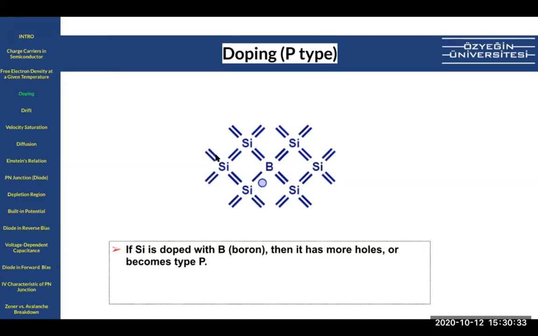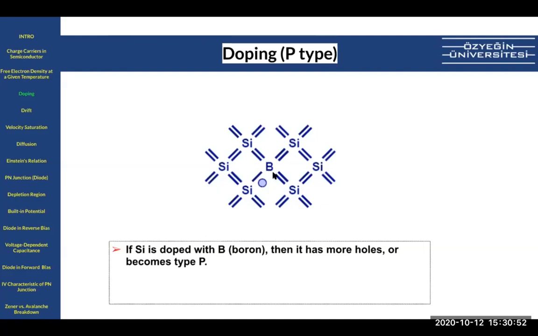So we call this structure p-type, because boron is missing 1 electron and basically pairs the silicon's electron with a hole.